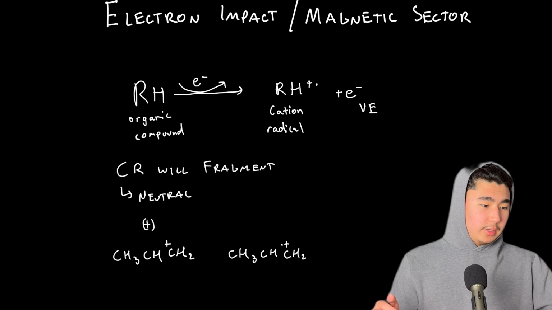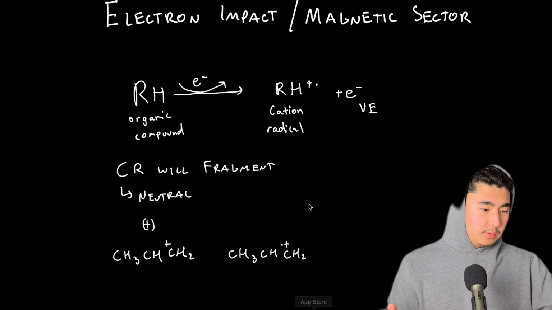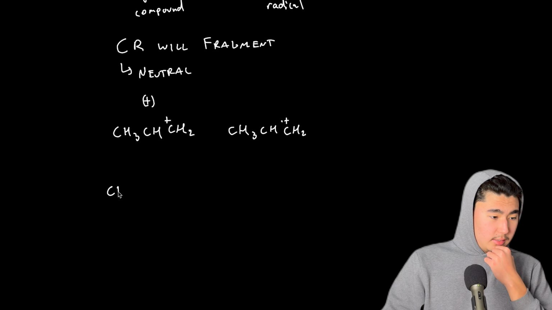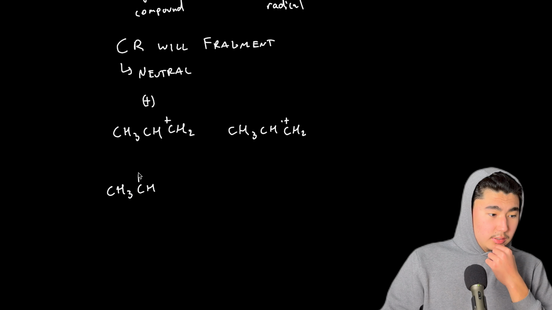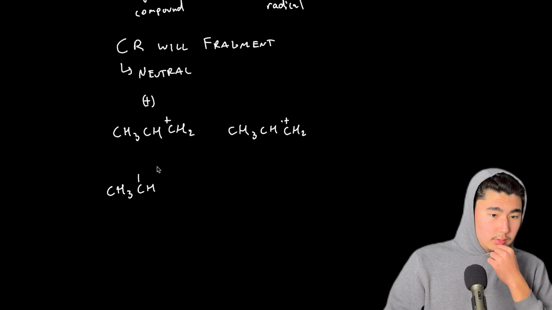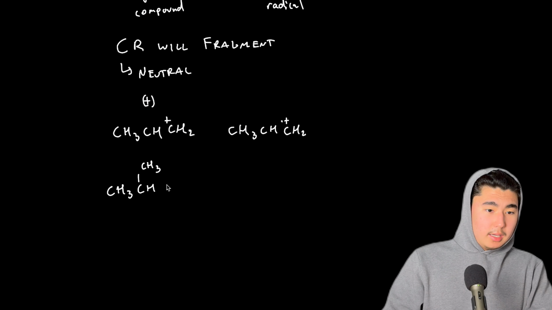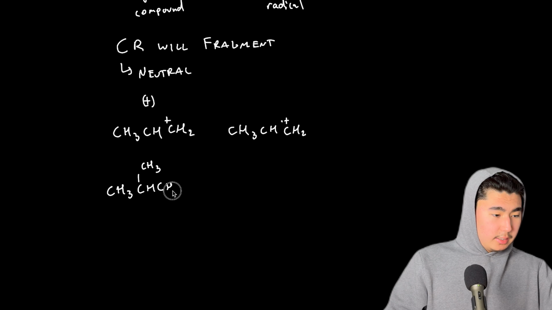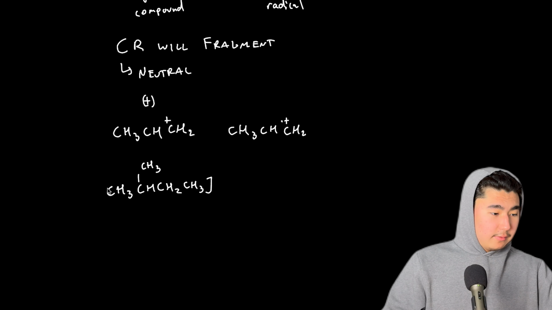So for example, let me move down over here. Let's say we had something like this, CH3CH bonded over here to CH3, and we have CH2CH3, and we have those brackets.